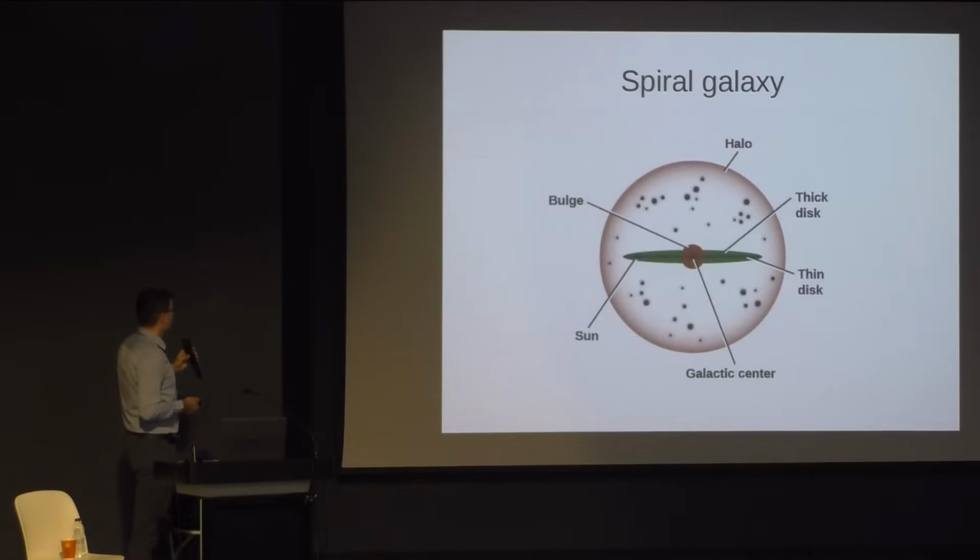Okay, and this is an artistic image of a spiral galaxy. So we have a bulge, a spherical area in the center of the galaxy, which consists of stars, and then we have a disk of stars, and of course in that disk we also have gas, dust, magnetic field, and so on.